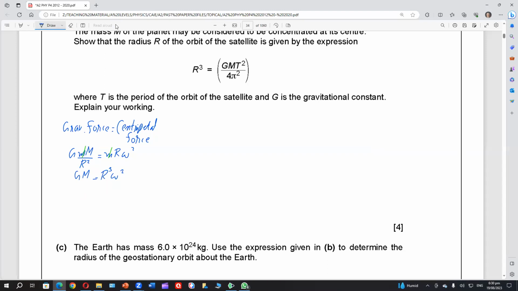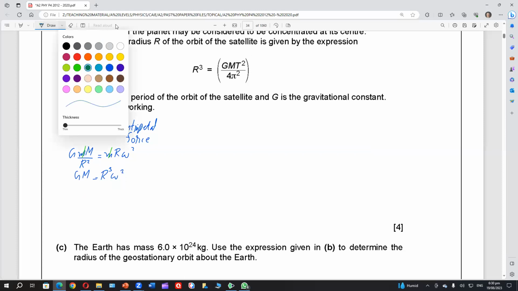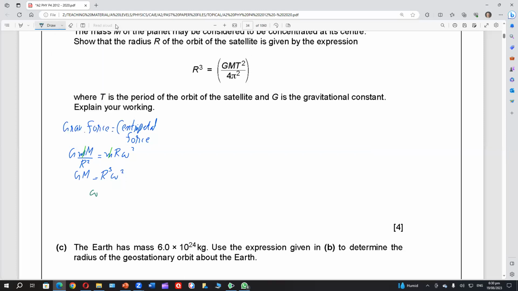Omega can be converted into time period.